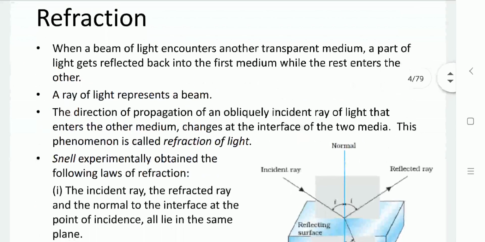Now that light wave can propagate through a number of methods: reflection, refraction, diffraction and scattering. The reflection portion has been omitted from your syllabus right now, as you have already covered it in chapter number 10. So let us focus on refraction.